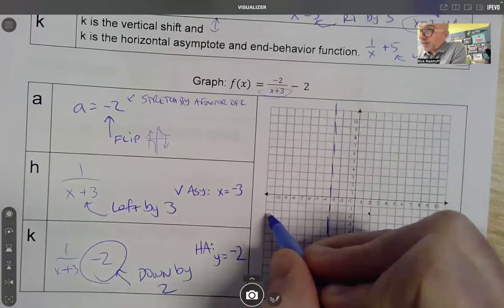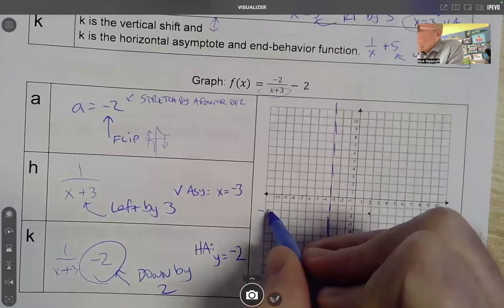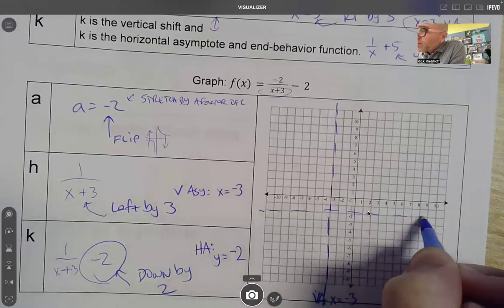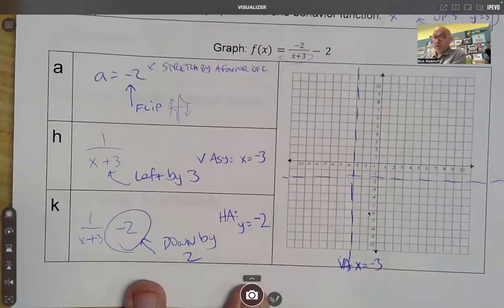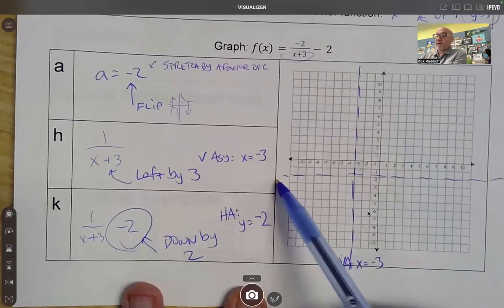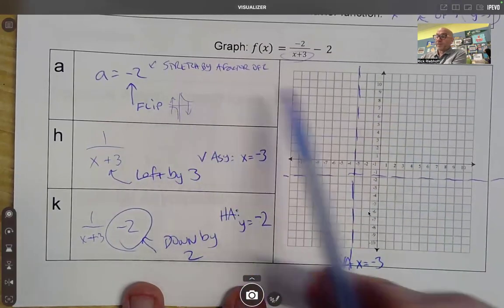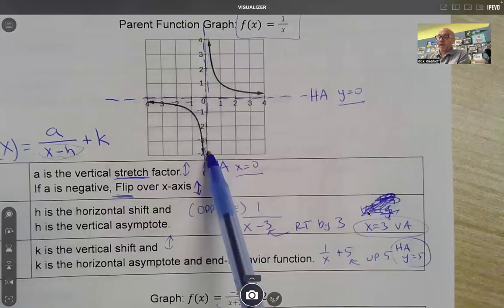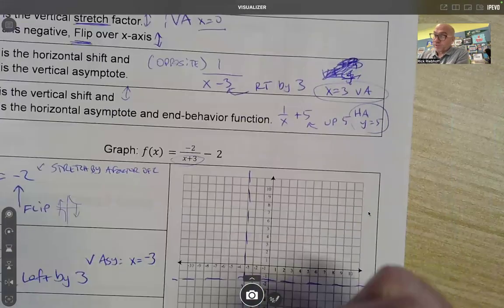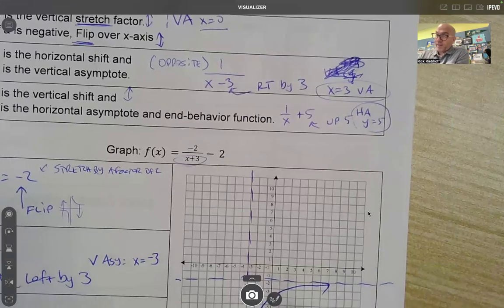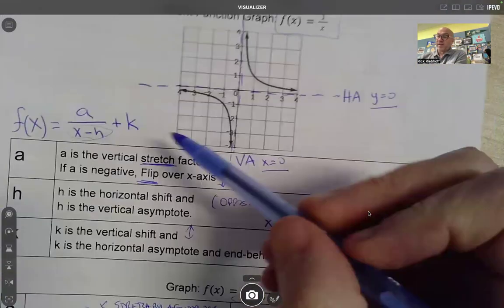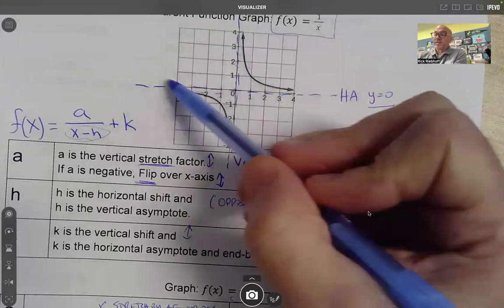So y equals -2 is right here. Cool. All right. Now, usually it would be here and here, but we have flipped. So the one that was up here is now going to be down here. Okay, so I'm just going to real quickly draw it like that. And the one that was down here is flipping over the axis, so that's going to be up here.